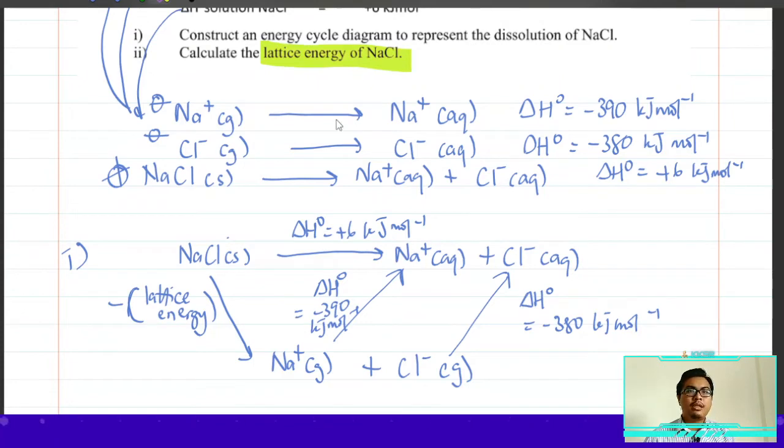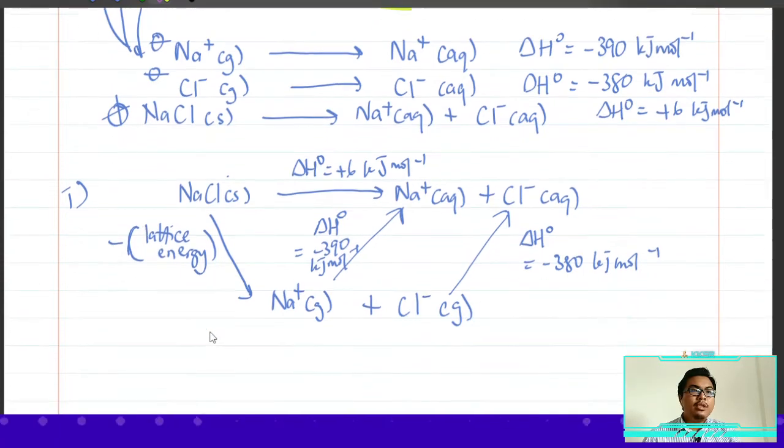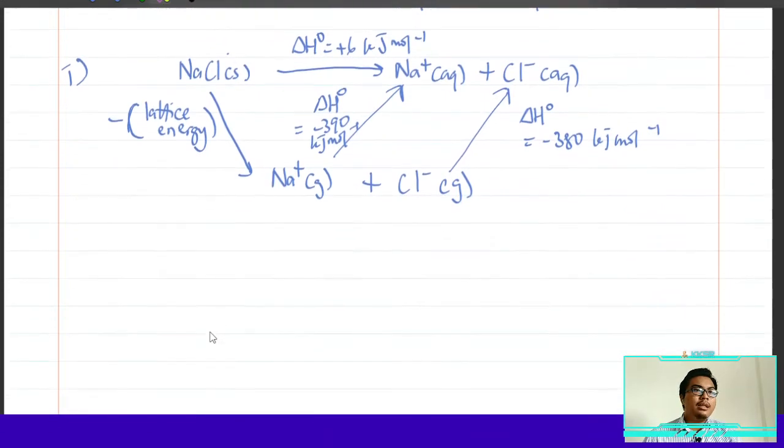Okay, so which means that the formation of NaCl solid ionic compound from its gaseous ion here. So kita dah ada dalam gambar ni, the negative lattice energy which we can calculate berdasarkan Hess law. Okay, di mana kita ada katakanlah yang bahagian sini is our value of enthalpy A, okay, is equals to all of this enthalpy yang di bawah ni.